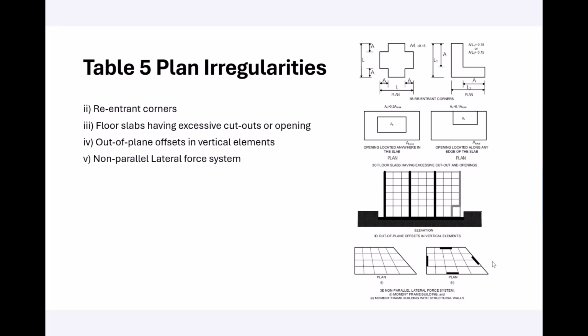So there are other plan irregularities, such as re-entrant corners based on the plan dimension ratios, which can be done by the designer. There is no need to check, but if you want to model such things, like the L-shaped building or T-shape or this kind of cruciform, then what we expect is the re-entrant corners.